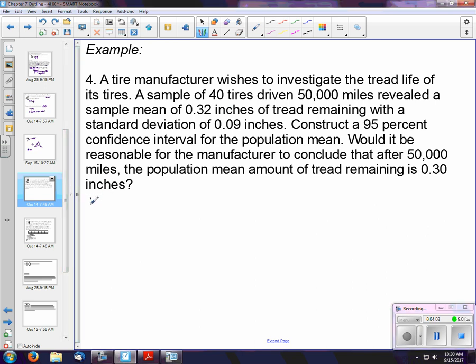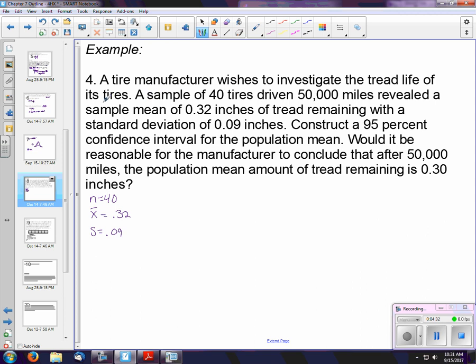So in our sample of 40, we found a sample mean of 0.32 with a sample standard deviation of 0.09. The trick here is to identify, when they say standard deviation, if they're not announcing that this is population standard deviation, and more specifically you see that they specify the standard deviation immediately after talking about what the sample mean was in that sample of 40.